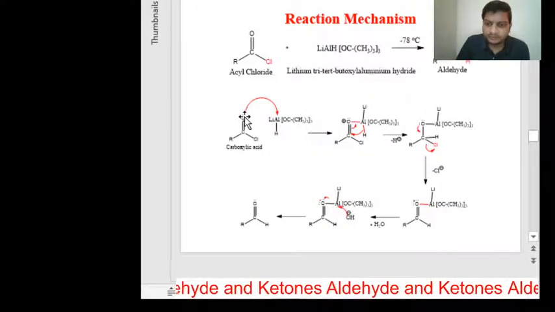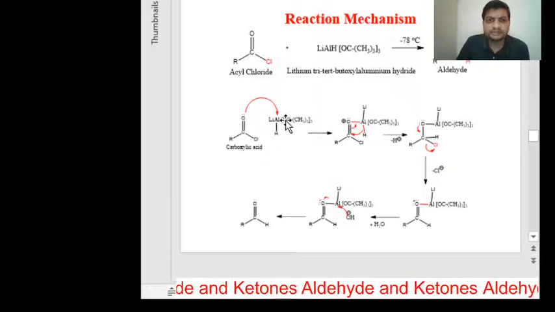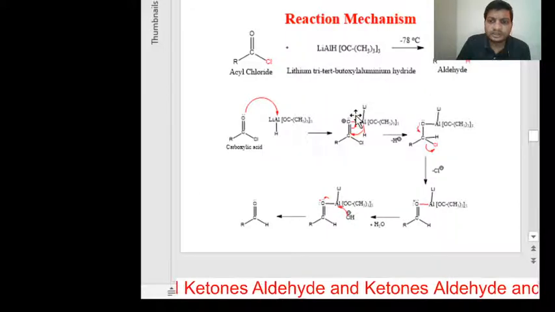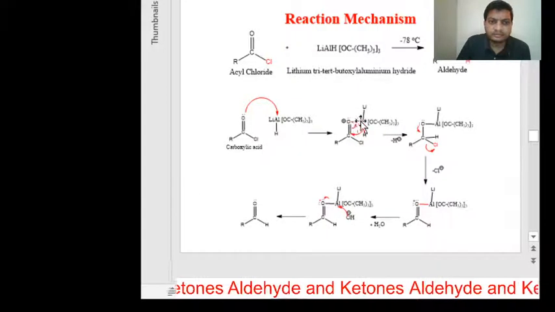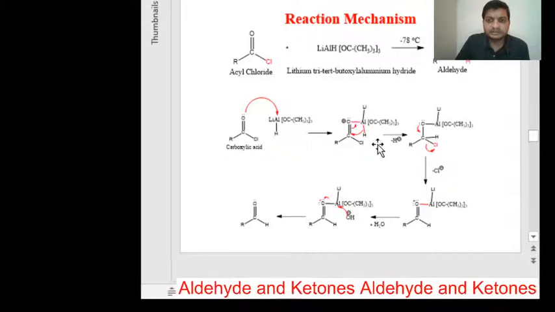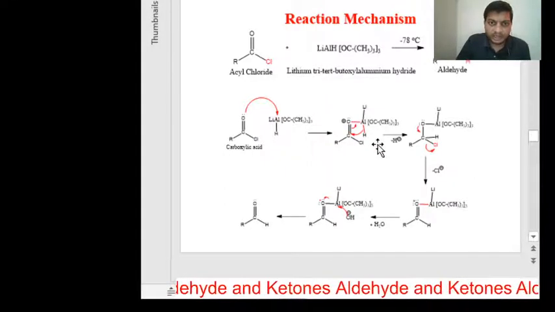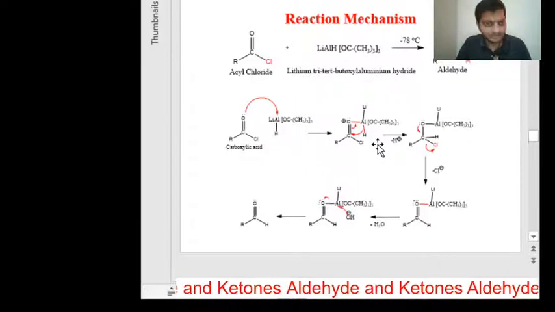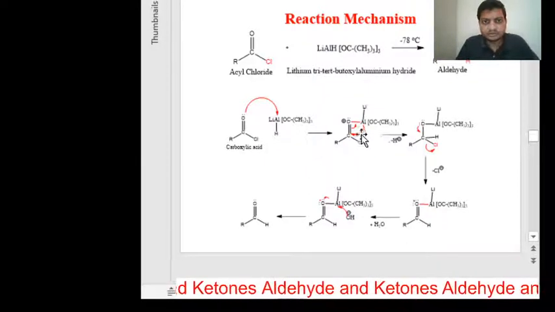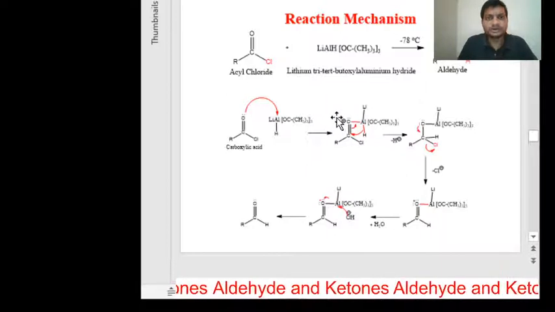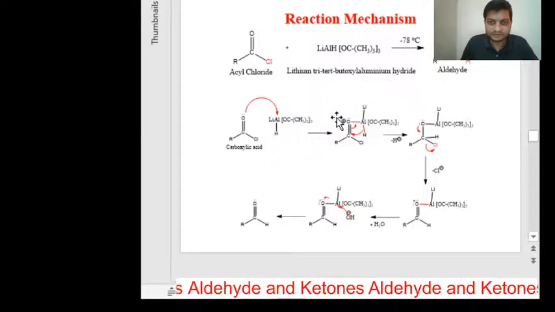So first this electron pair attacks the aluminum, and the bond between the oxygen and aluminum is formed as the electron pair of the oxygen is given to the aluminum. Hence the oxygen gets the positive charge, because oxygen is electron deficient.